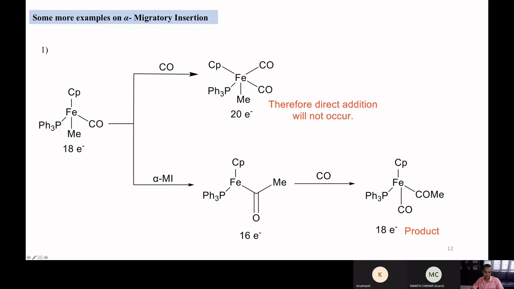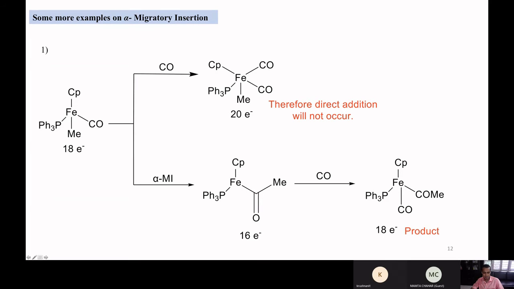So alpha migratory insertion is happening. This alpha migratory insertion happens first. This carbon is the alpha position, this is the beta position. At the alpha position, the methyl group is transferring.